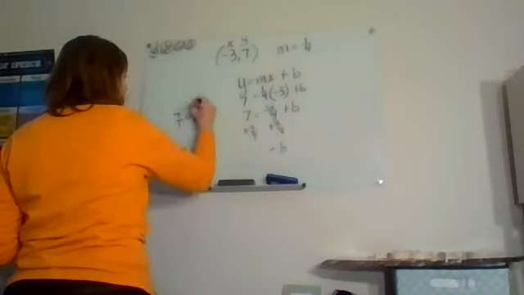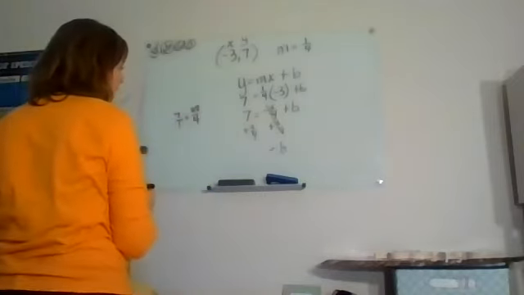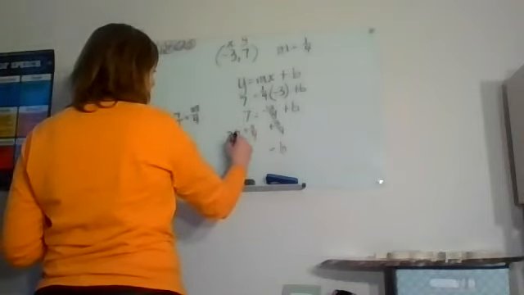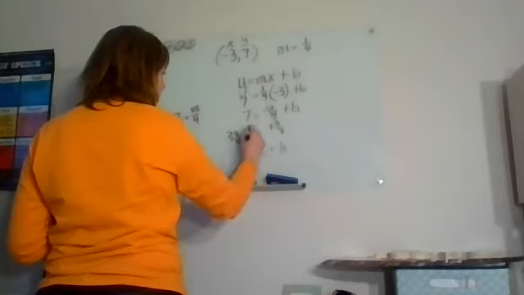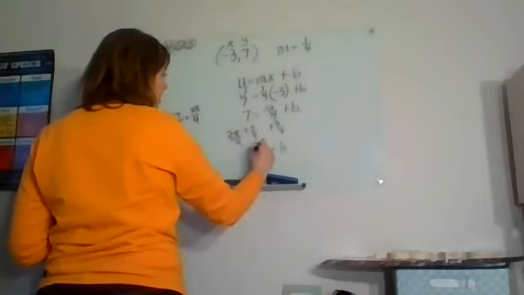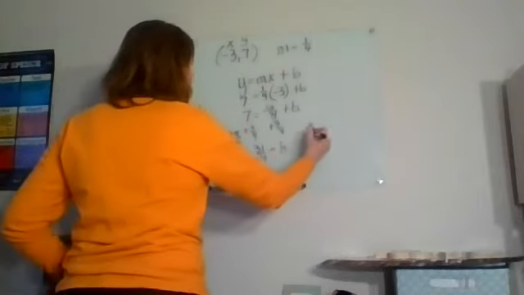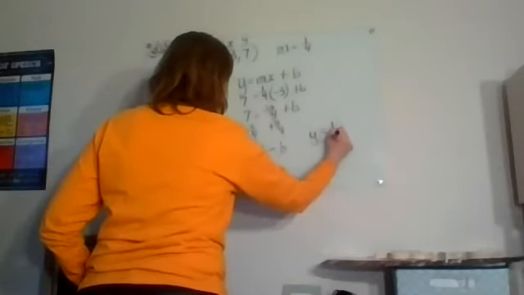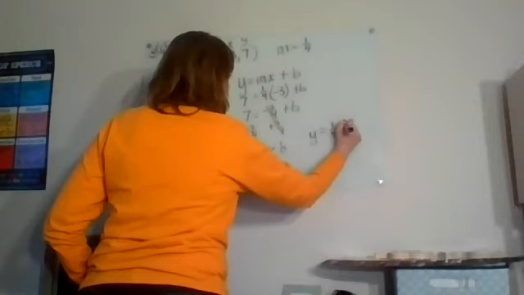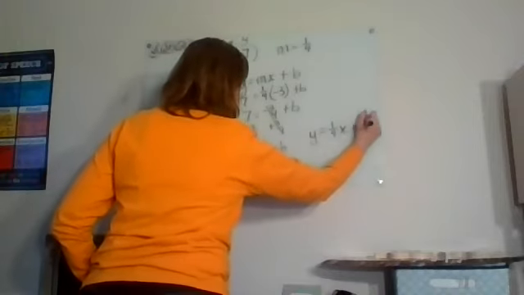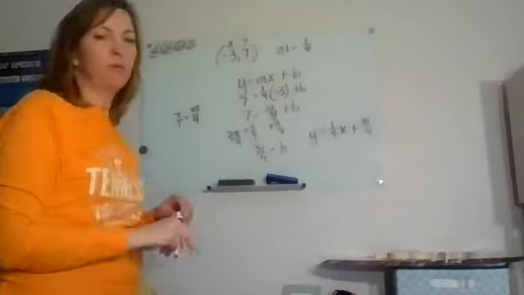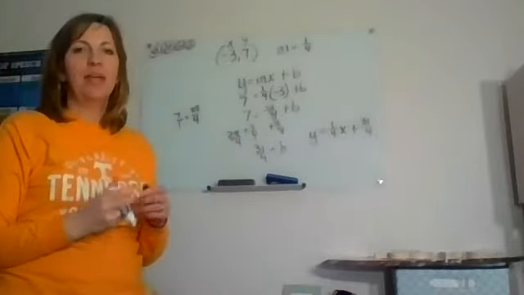Well, that would be 7 times 4 is 28, so 28/4 plus 3/4, 28, 29, 30, 31 over 4. So I could say y equals 1/4 x plus 31/4. Or you could have left it 7 3/4. It means the same thing, right?